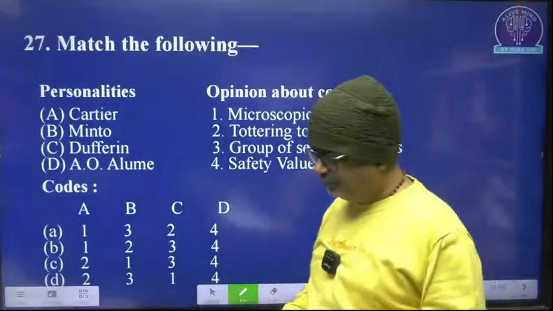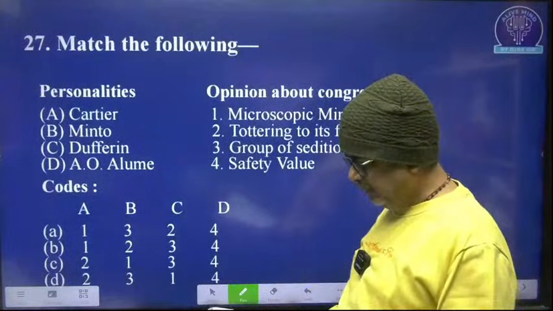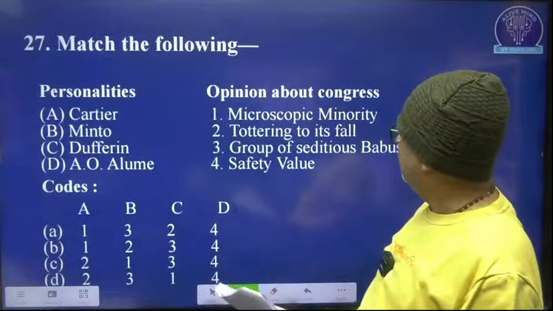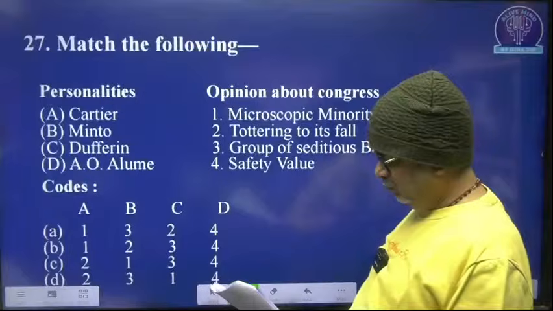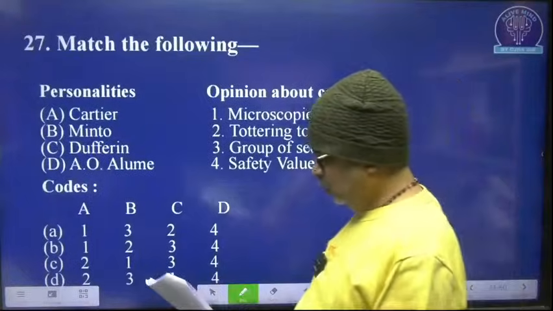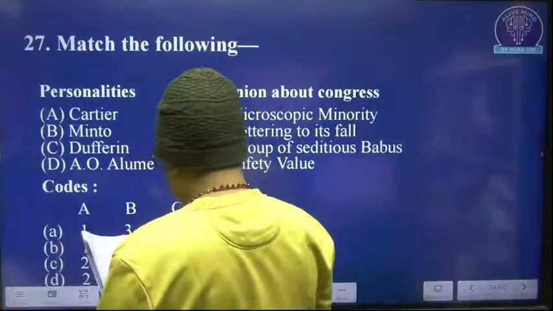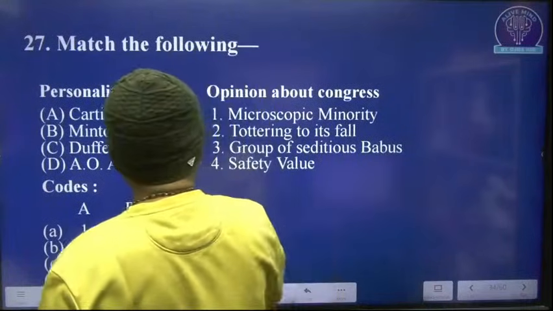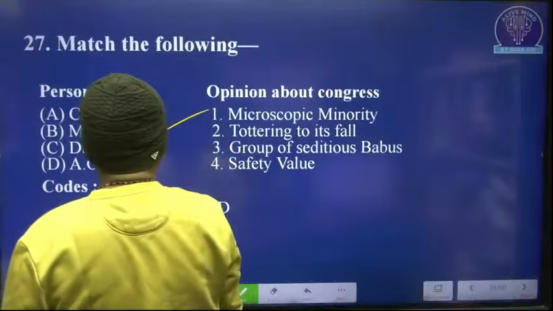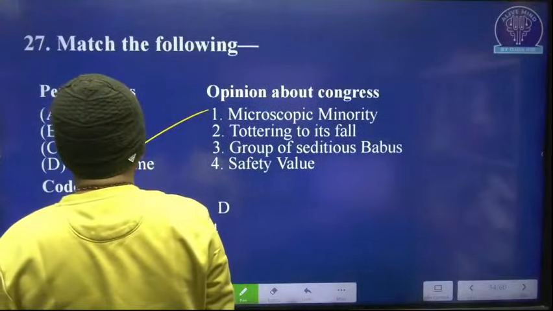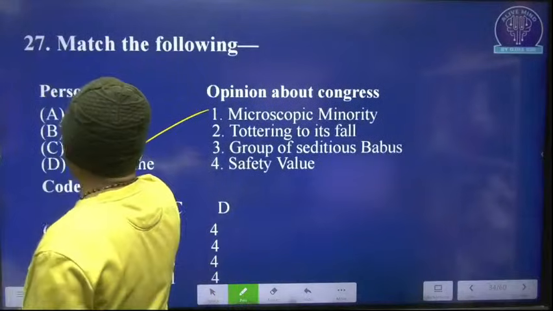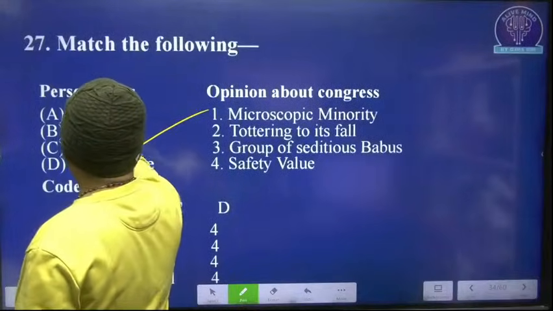27. It's not Cartier, it's Curzon. Please do the correction.